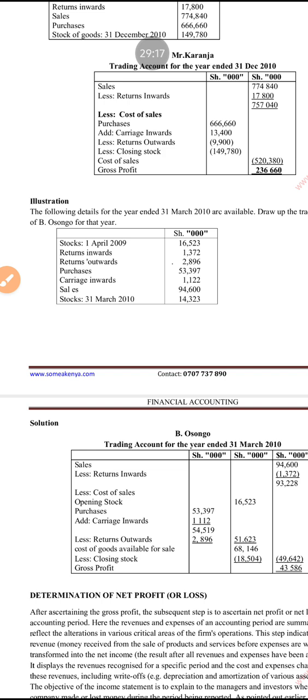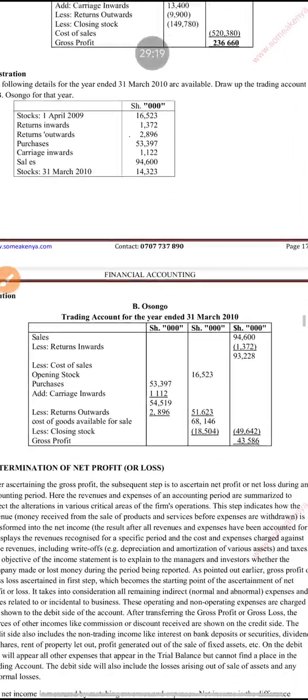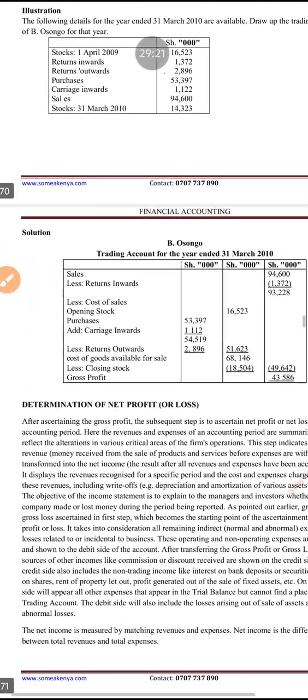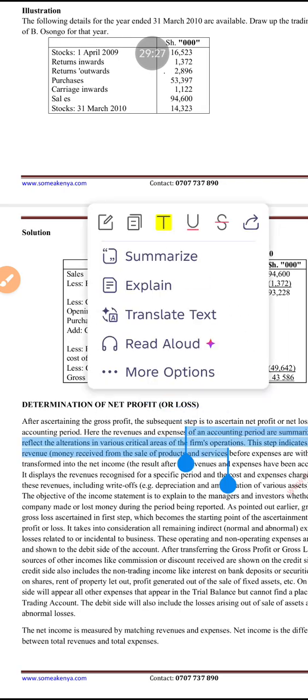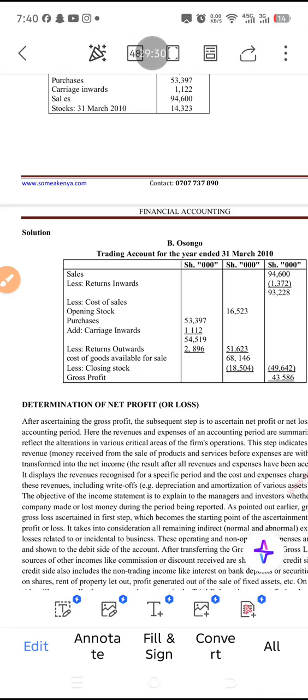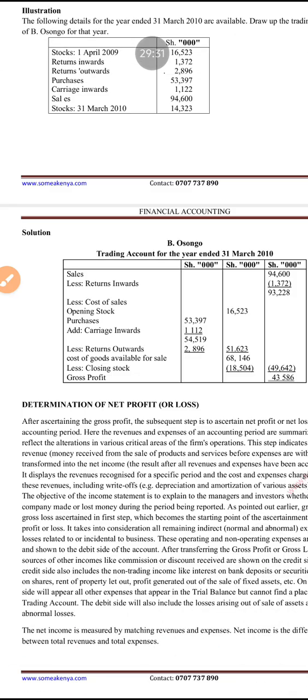So to prepare our income statement, we take sales, less return inwards of 1,372 to get net sales of 93,228. I hope you are confirming using your calculator.